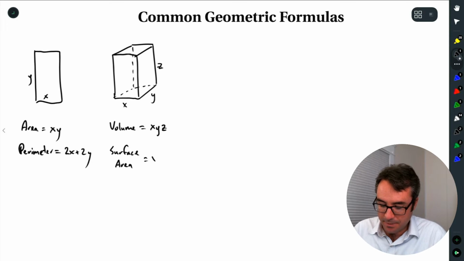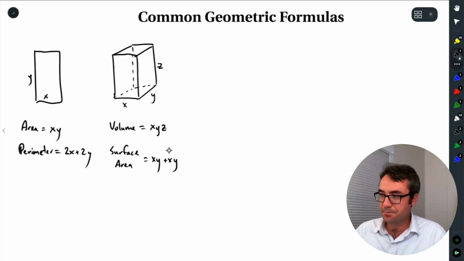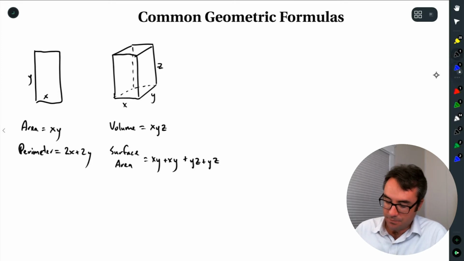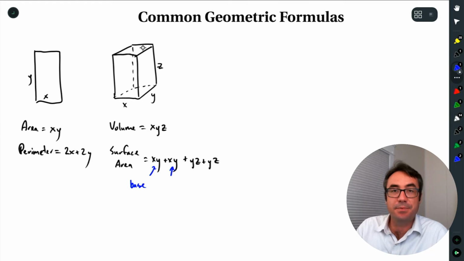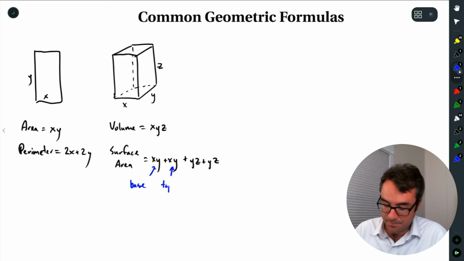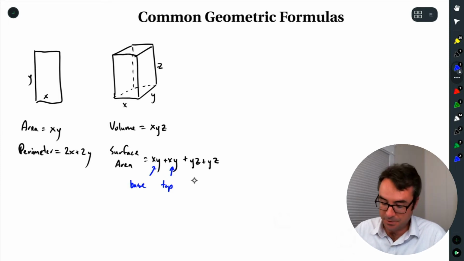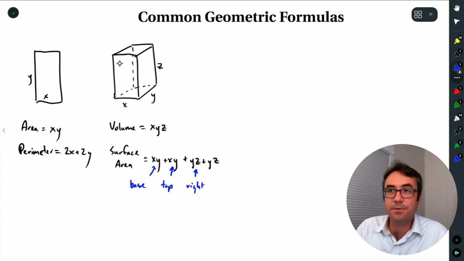So this might be x times y plus x times y plus y times z plus y times z. Looking at this, x times y is the area of the base, and also the area of the top. Y times z is the area of this right side, and also the left side.